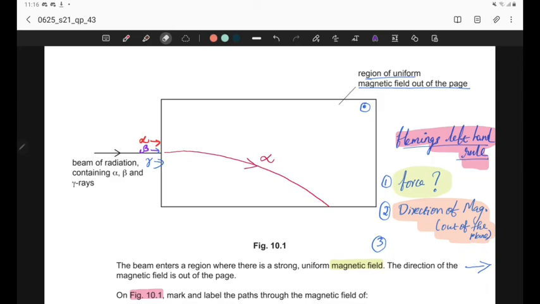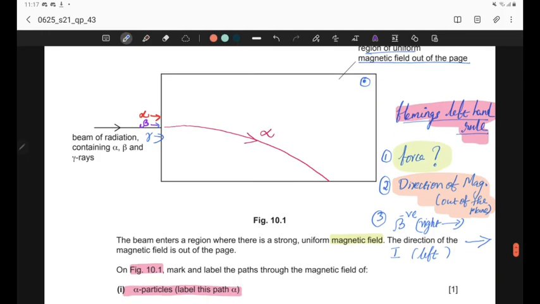So beta particle here is a negatively charged particle. For a negatively charged particle moving from left to right, here we can see the beta particle is moving towards right, but as the negative particle is moving towards right, we should consider the current I, which is moving towards left, the opposite direction of the negatively charged particles.